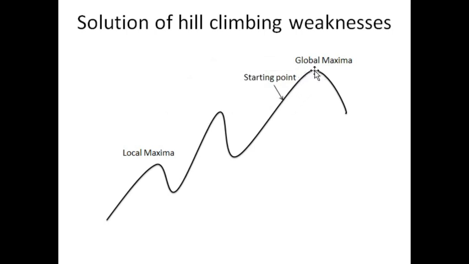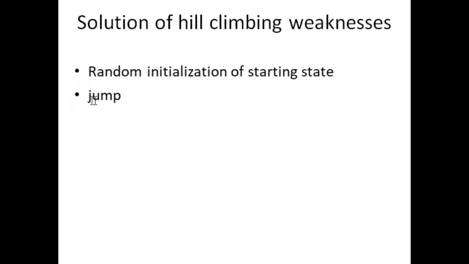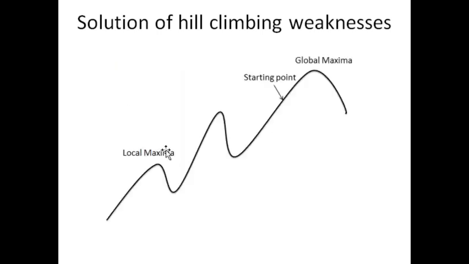In the same way, I can find the global maxima by changing the random number. For the second solution, the jump: for example, if I am at a local maxima, I just jump from this location to that location. So if we jump randomly, it is possible that I can get another local maxima or the global maxima which is better than the previous local maxima.